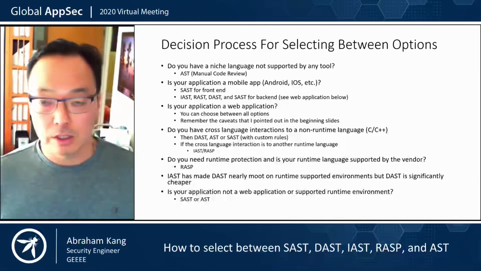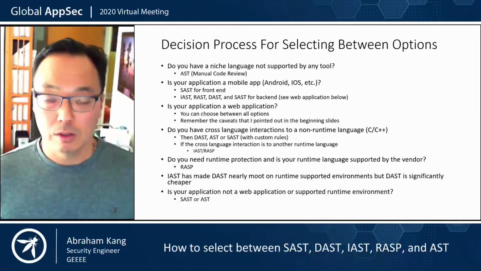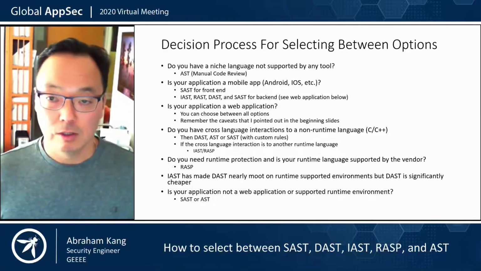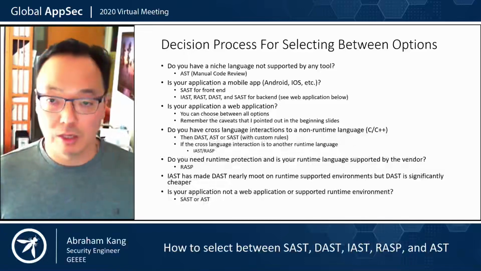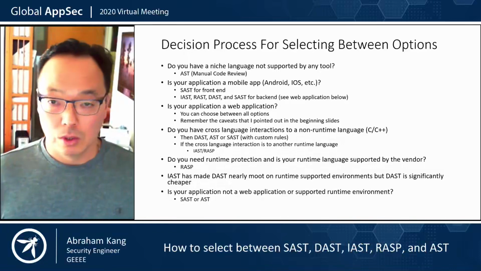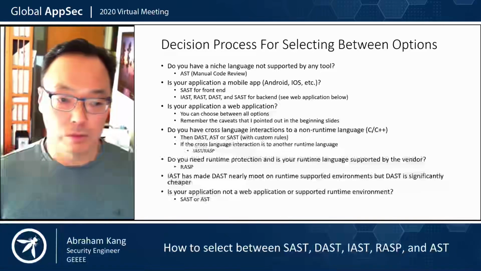Python is kind of notorious for having poor support. Sometimes Ruby can fall in that bucket, but there are some open source tools like Brakeman for Ruby that are actually pretty decent. So know what you're getting into.